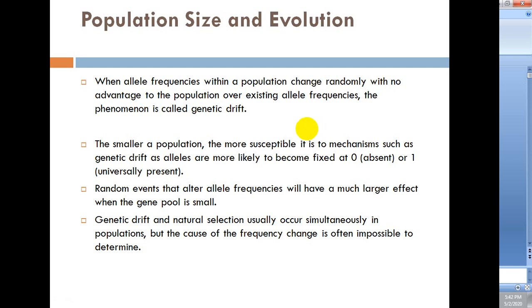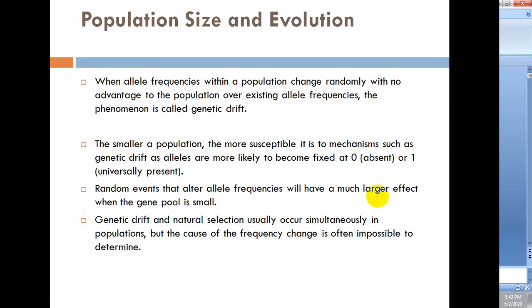The smaller a population, the more susceptible it is to mechanisms such as genetic drift, as alleles are more likely to become fixed at 0 or 1. So when it is 0, in none of the individuals is the allele present, and when it is 1, the allele is universally present. And random events that alter allelic frequency will have a much larger effect when the gene pool is small.